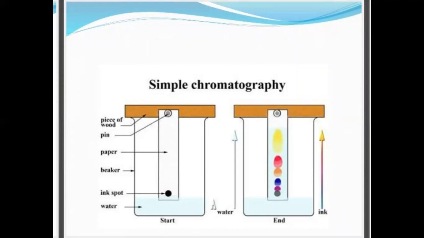Next, this is the simple way of showing it in a diagrammatic way. This is the beaker. You're having a wooden piece, just pin the paper here, and we have spotted here, and this is the mobile phase. There is a line here, just 5 centimeters separate.